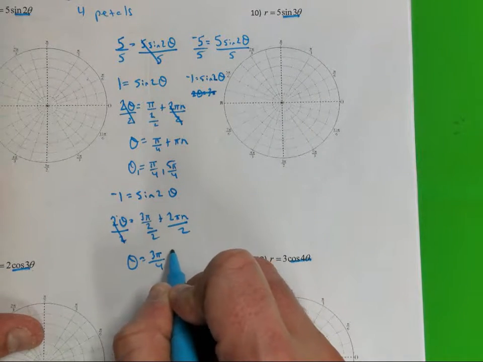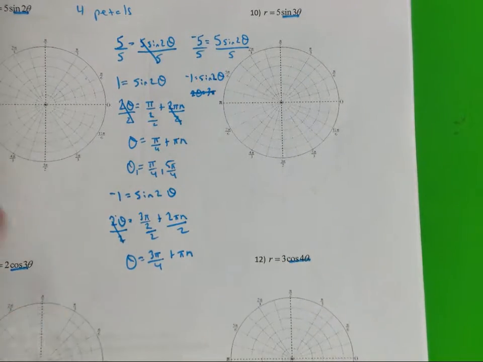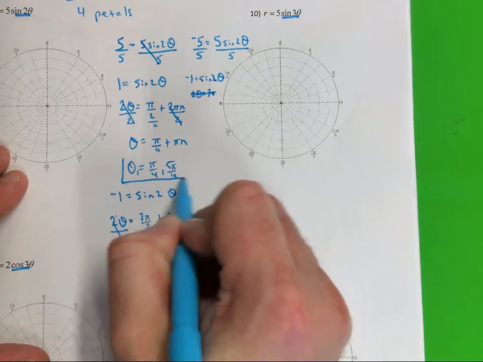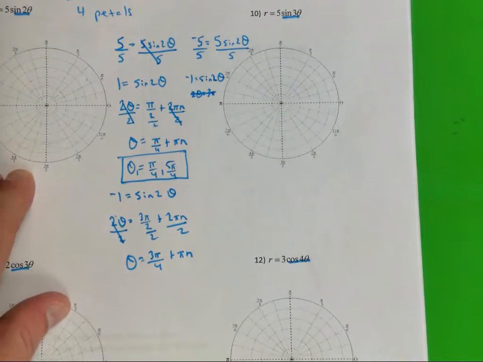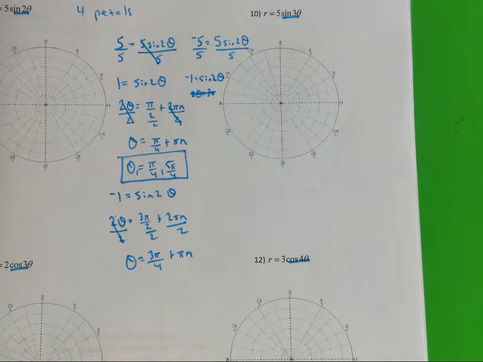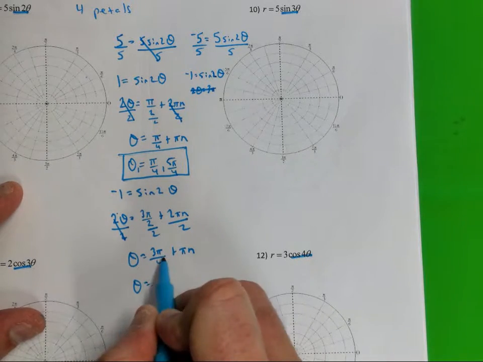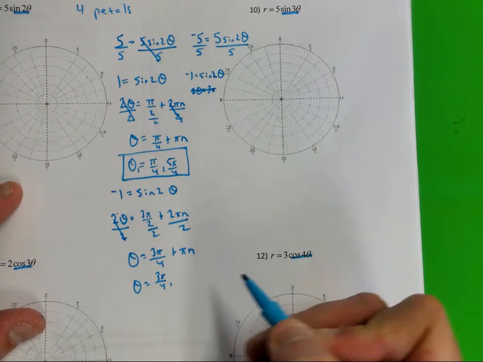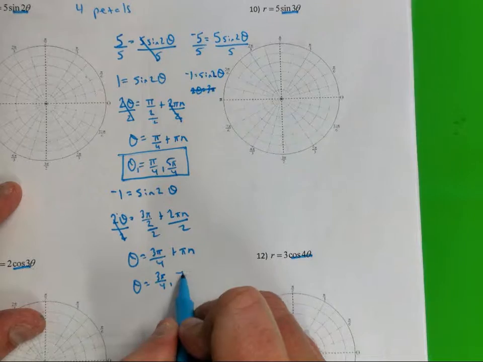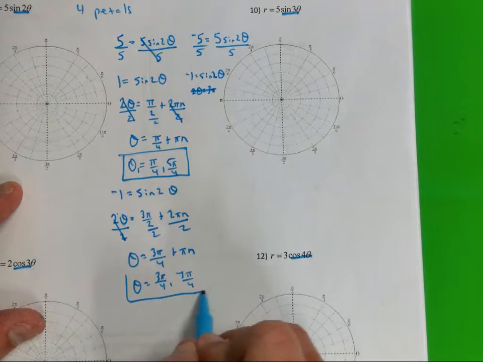Divide by 2 and I get 3 pi over 4 plus pi n. So here's 2 of my petals right here. I'm about to find the other 2. Because how many petals are we going to have? 4. So I'm going to plug 0 in, and I get 3 pi over 4. I plug 1 in, I get 7 pi over 4. There's my other 2 petals.